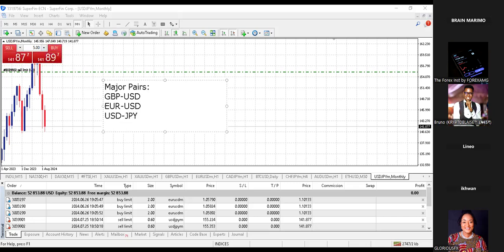No, that would be a minor pair. Yeah, I think USD CAD. Then USD CHF. Who else? AUD USD, exactly. Yeah, I was trying to remember that.